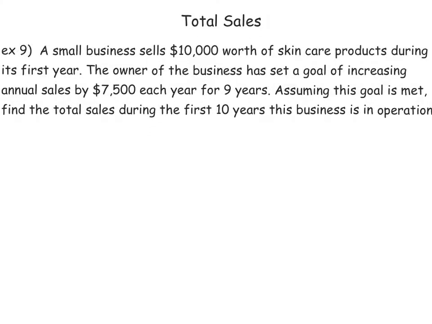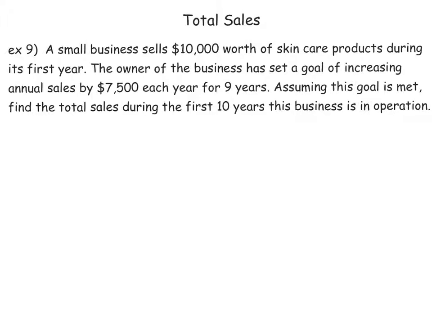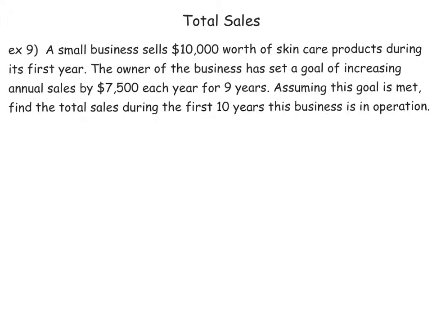All right, last one here. Shrink this down a little. So here I think is a good approach to start with. Based on the context here, she's selling $10,000 worth of skincare products during the first year. That's our first term.